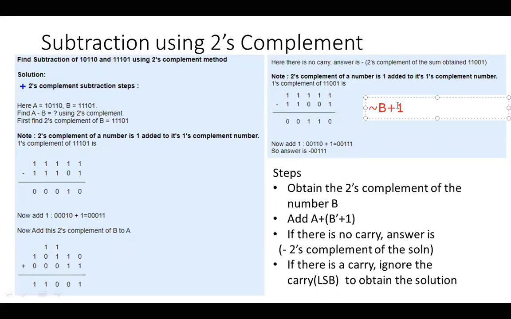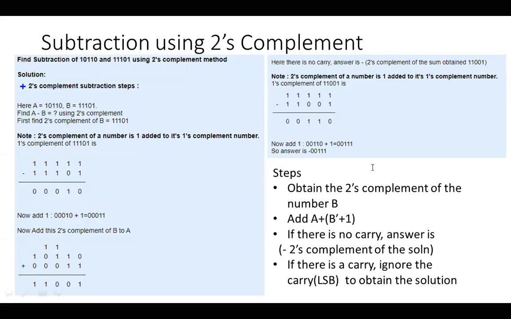Now again here, if there is no carry, the answer is the twos complement of the solution with a negative sign. If there is a carry, ignore the carry, whatever you get will be the solution.